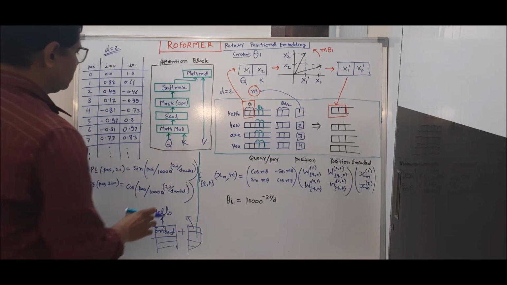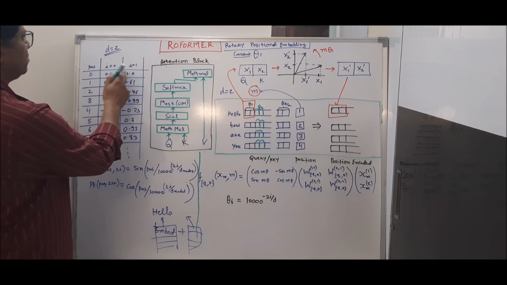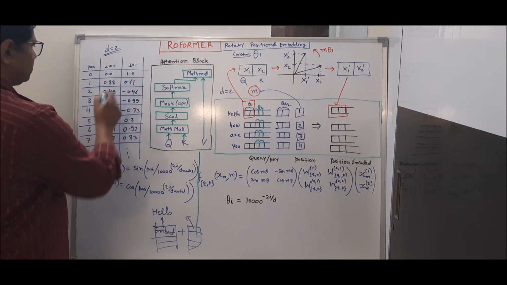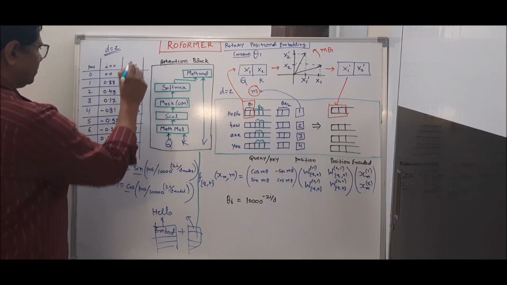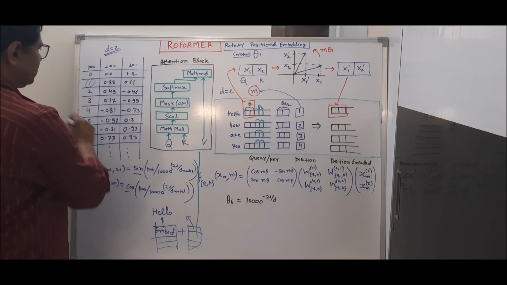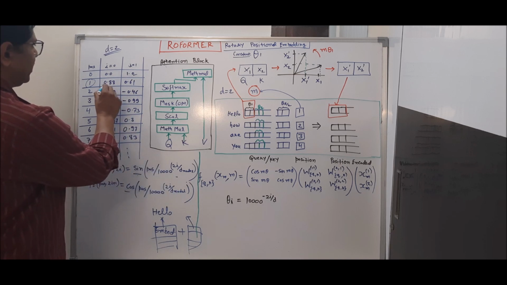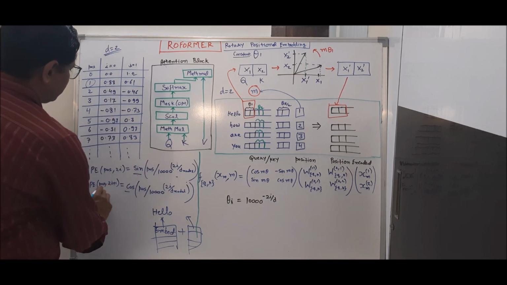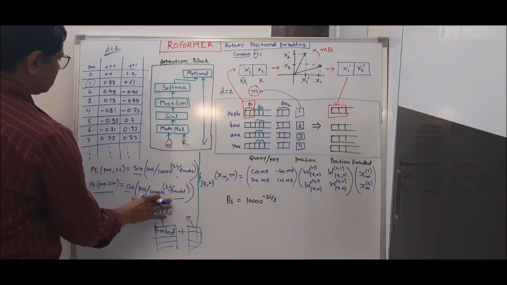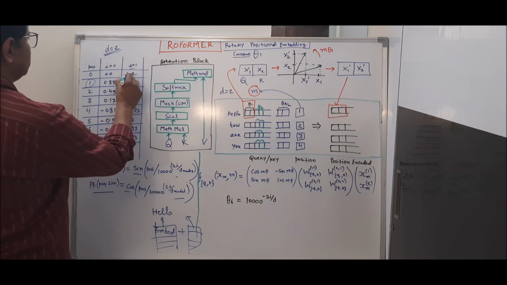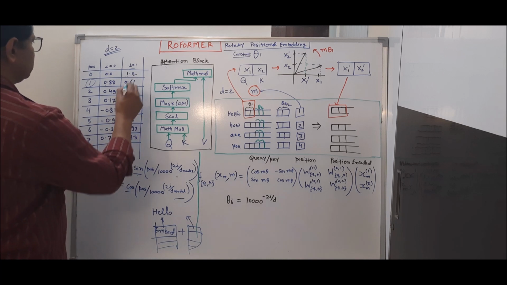Suppose for the first position we calculate the embedding, and we get 0.0 and 1.0. For the even position we use sine, and for the odd position we use cosine, and then we get these values. Similarly for position 1, if we pass i equal to 0 here, we will get 0.088. If we provide i equal to 1, because this is odd, we will use the cosine function, so we will get the value 0.61.